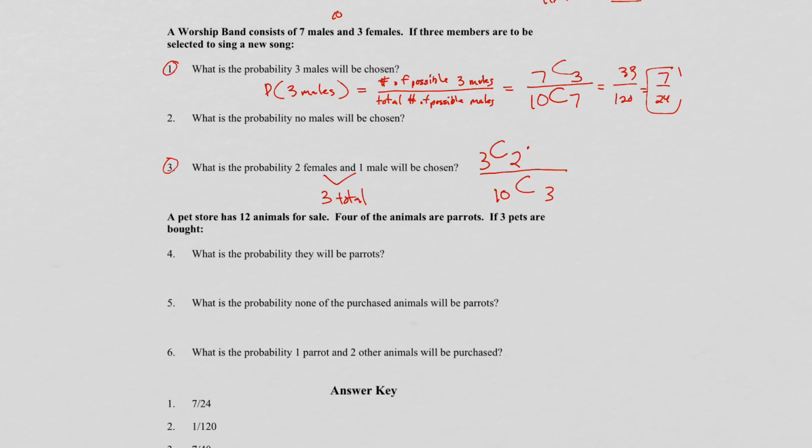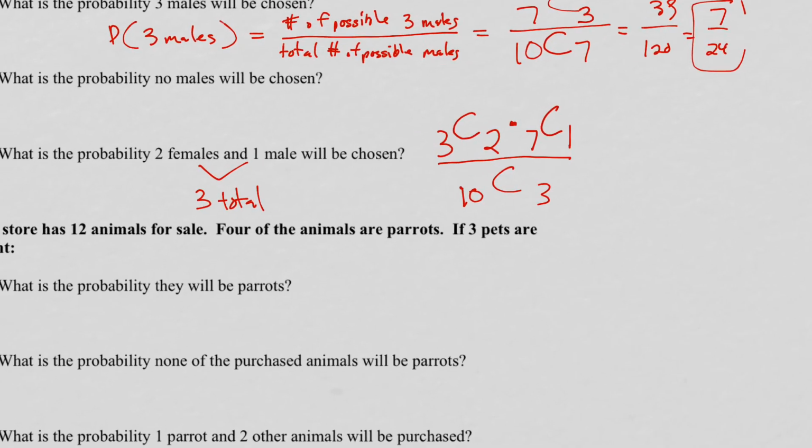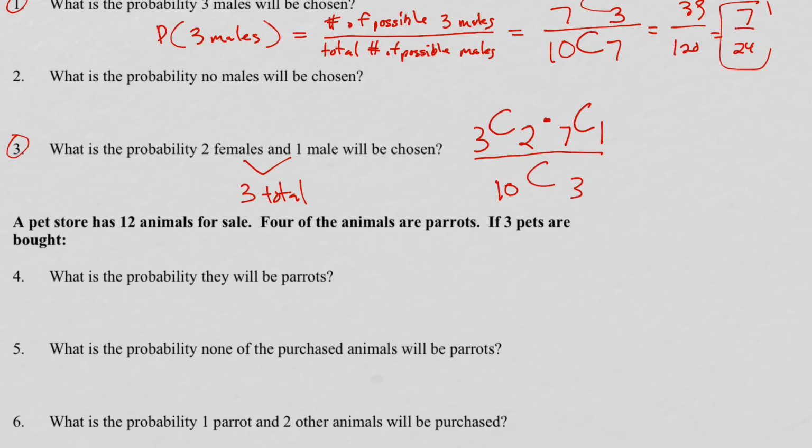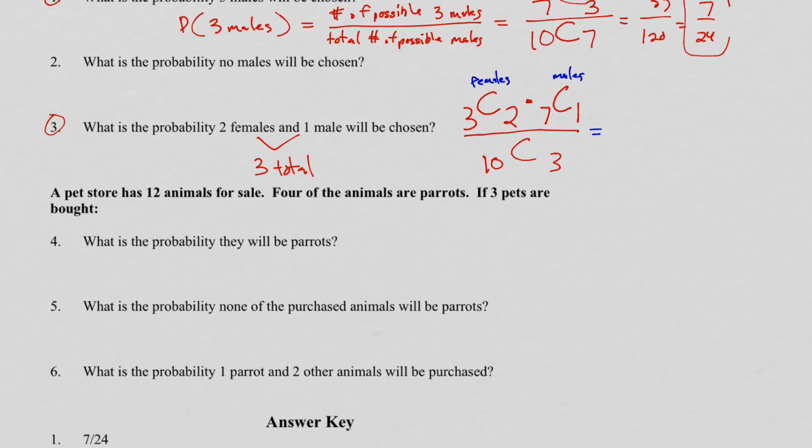And then the 1 male, we're choosing 1 male from 7 males. So this is female right here. And this is males. Again, type this in your calculator and you will be done. Okay?